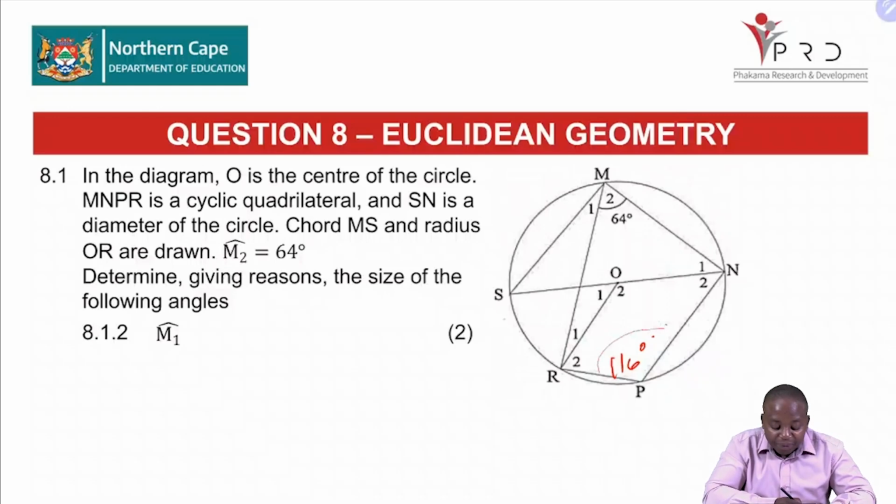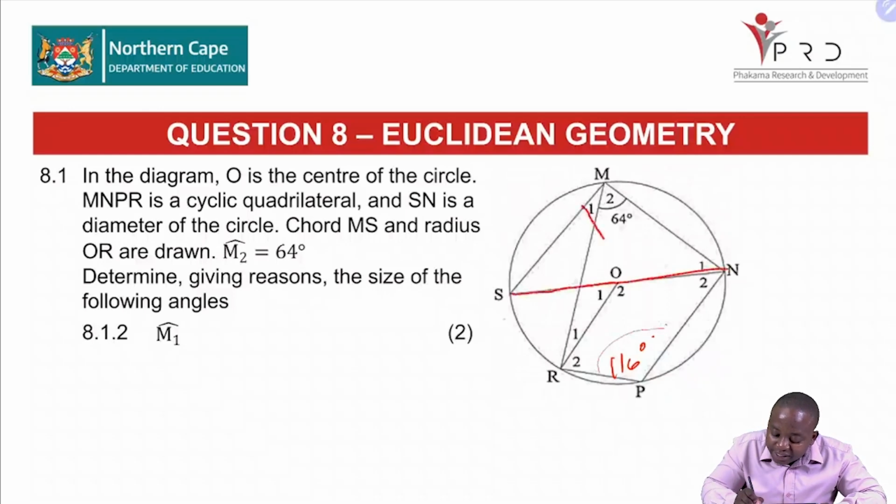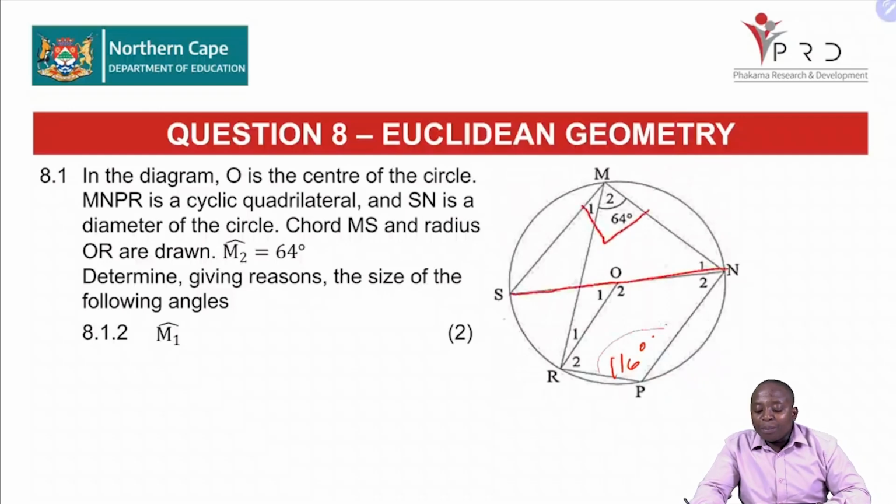Let's proceed. Determine the angle of M1. And remember, with M1, when we look back to our pre-question analysis, we were told that SN is a diameter, and this diameter will subtend that 90 degrees angle there.